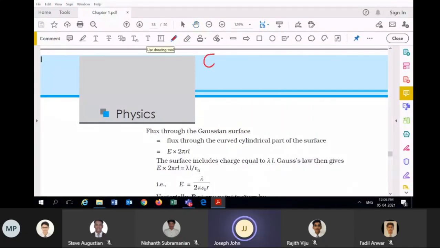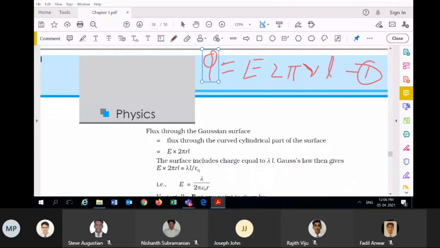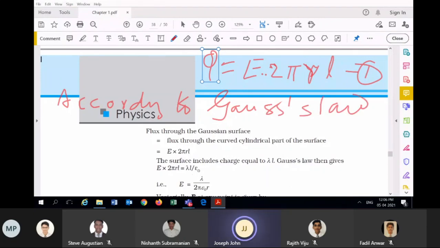First I wrote phi is equal to E into 2 pi rL, isn't it? Okay. Next, according to Gauss's law, please write down, you know the formula, phi is equal to what?